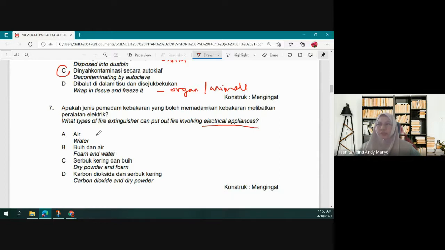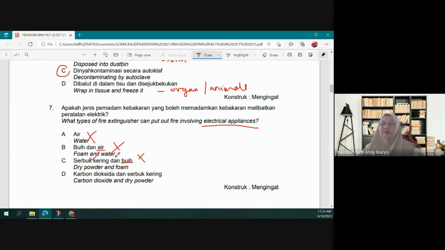So this one we totally reject. B also we reject because there is water there. C, dry powder, no problem. How about foam? When foam melts, it forms water, right? So can we use foam here? So this one is not suitable because of the foam there.